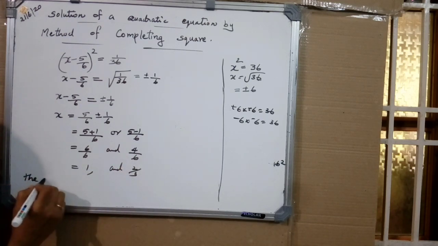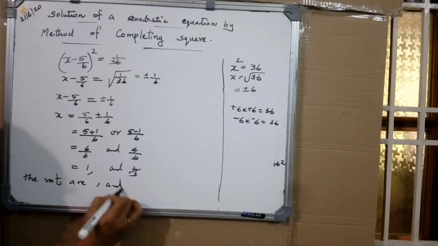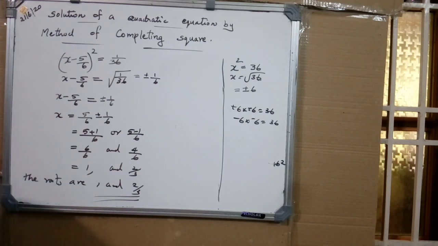So the solutions are 1 and 2 by 3. These are the solutions or roots of the quadratic equation here.